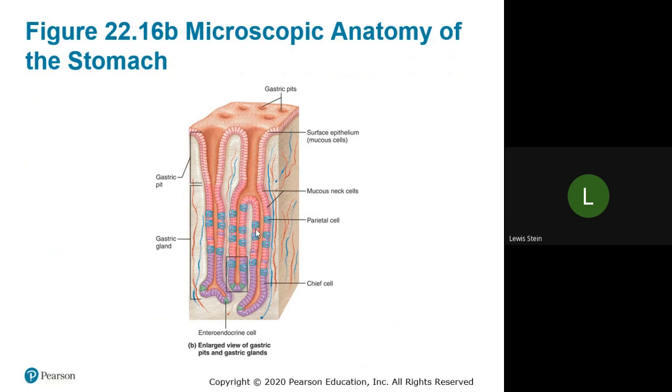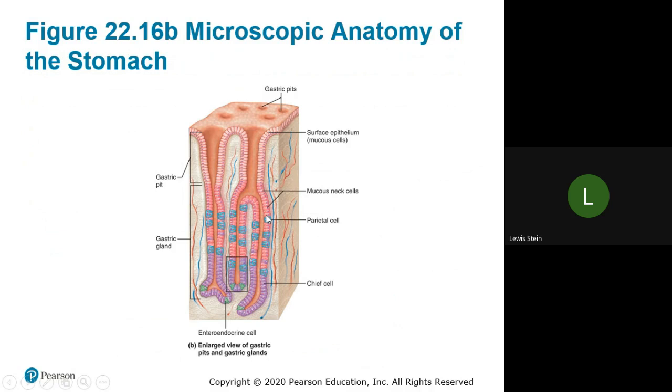They make hydrochloric acid. They actually are proton pumps. If you know somebody who takes Nexium or Prilosec over the counter, they are proton pump inhibitors. That's what they work on. They prevent protons from being pushed out. There's a lot of it in physiology. How detailed you go, I do not know.